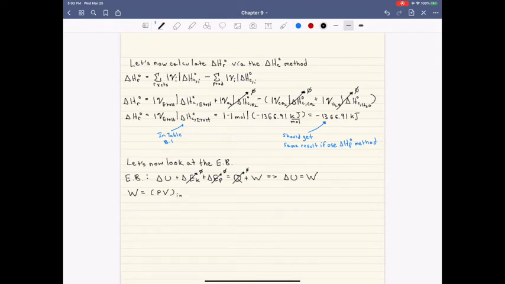And that's equal to the difference between the pressure times volume at the beginning of the process minus the pressure times volume at the end of the process. That's just in general one definition of mechanical work.